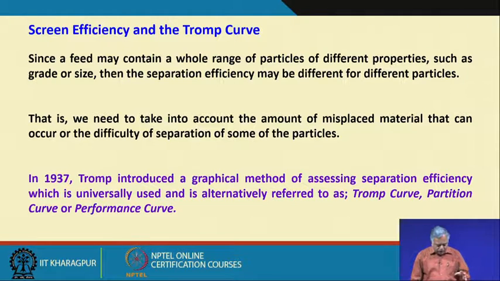So, this requires another entire class to explain, because this Tromp efficiency curve we use for assessing the effectiveness or the performance evaluation of almost all the separating devices. So, we will deal with this with some numerical examples in the next class, and till then, thank you very much.